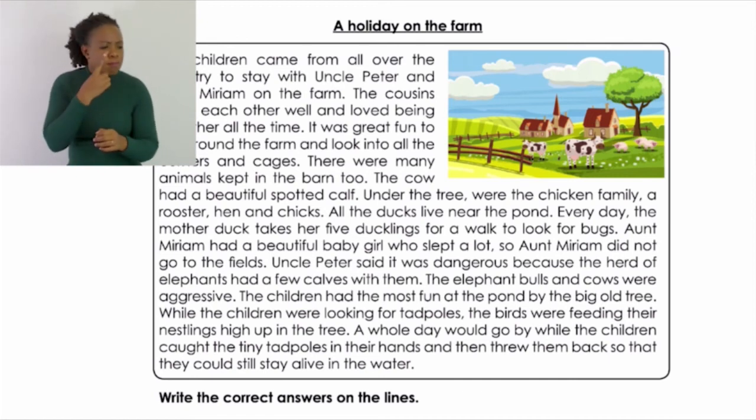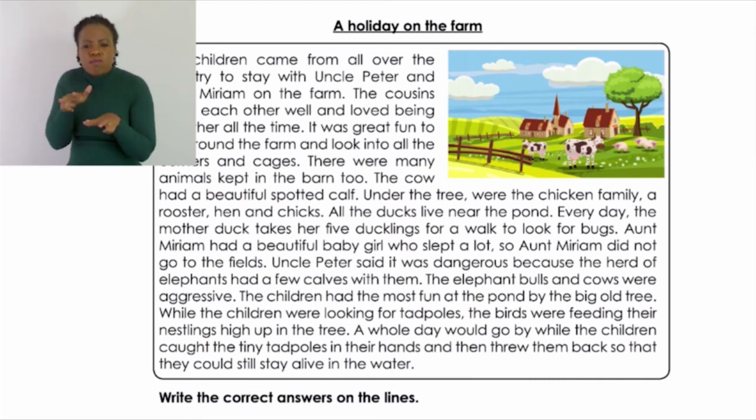There were many animals kept in the barn too. The cow had a beautiful spotted calf. Under the tree were the chicken family, a rooster, hen, and chicks. All the ducks live near the pond. Every day, the mother duck takes 5 ducklings for a walk to look for bugs.